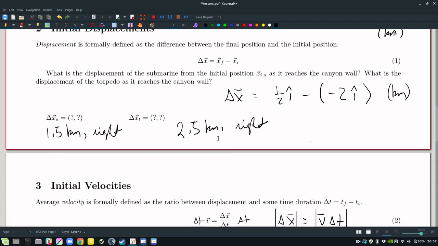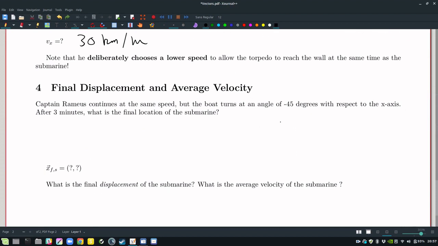And so if the hypotenuse is 1.5 kilometers, and we know this is a 45, 45, 90-degree right triangle, then we have 1.5 over square root of 2 for the side lengths of this triangle.